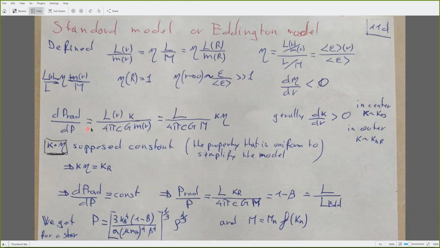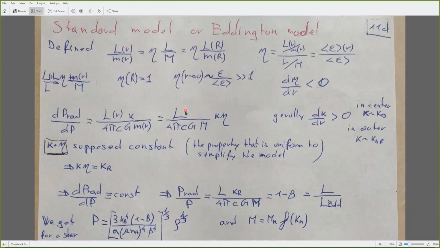If we rewrite the derivative between the radiation pressure and the total pressure, we have this value we saw yesterday that is connected with the luminosity. But introducing eta, we can substitute the ratio of the luminosity at a certain radius and the mass at a certain radius with L divided by M, which is a constant multiplied by eta.